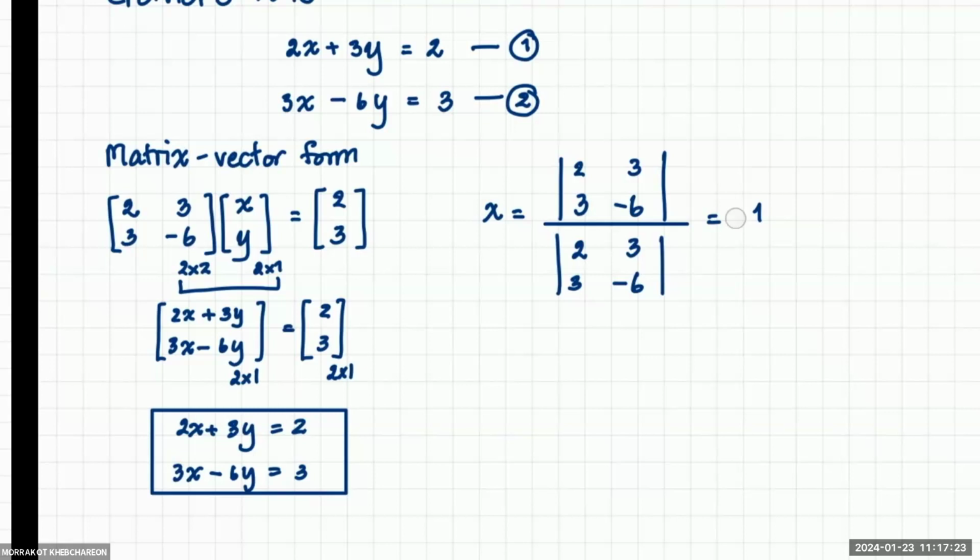You see the same thing, okay? But let me just show you how to find the determinant of the matrix. You get minus 12 minus 9. X is 1. Okay. How about y?